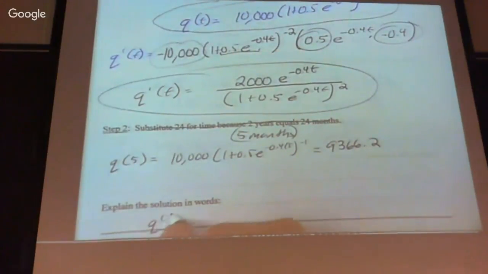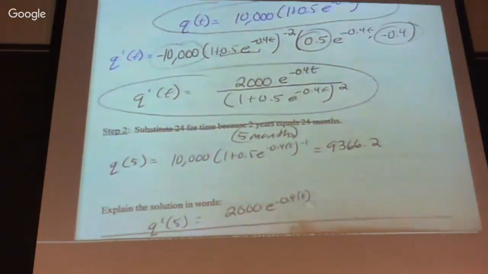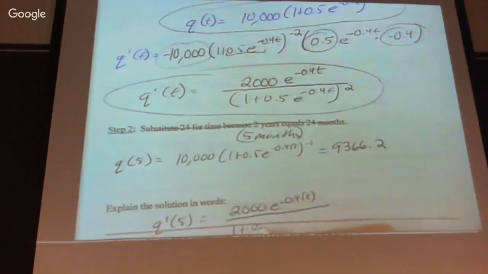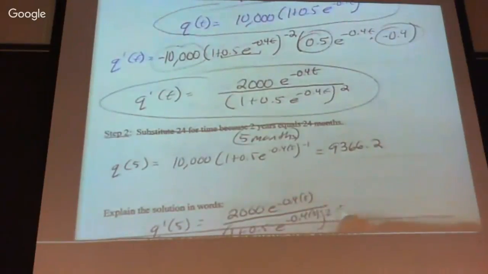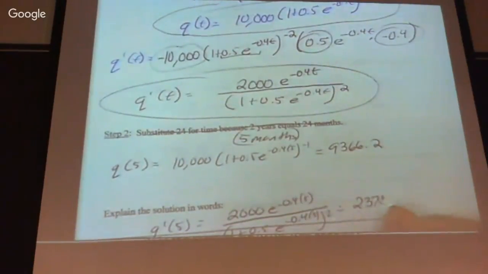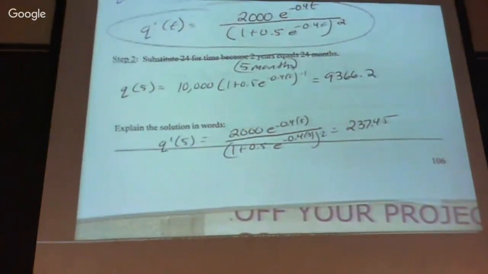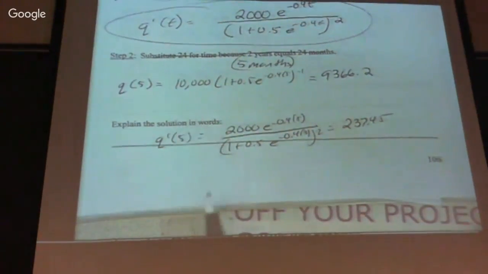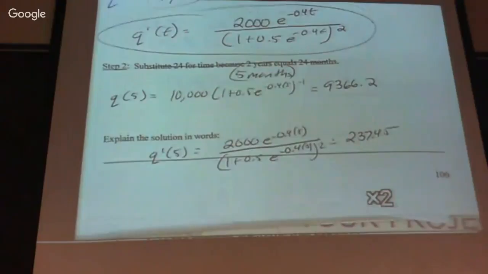If you plug 5 into the derivative, you would get 237.45. If you're not getting those numbers, something's wrong. And I got that from the calculator. Y1, Y2, Y3. Also write the sentence. Again, this is the frustrating part of the test where you may have the right answer on your paper, but you don't know how to type it in. That's a problem.